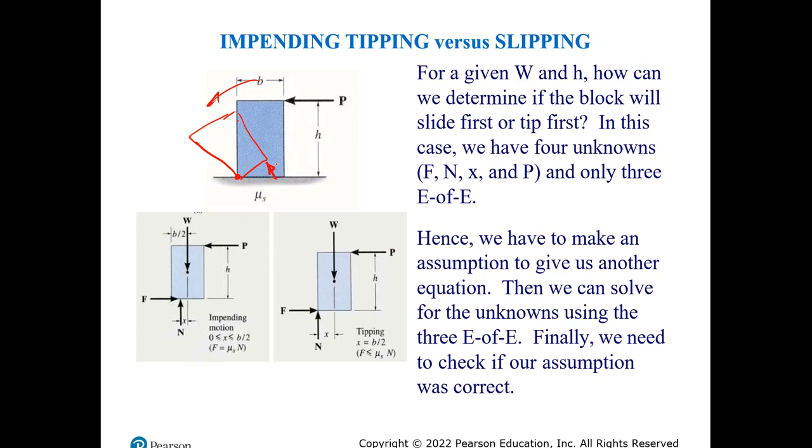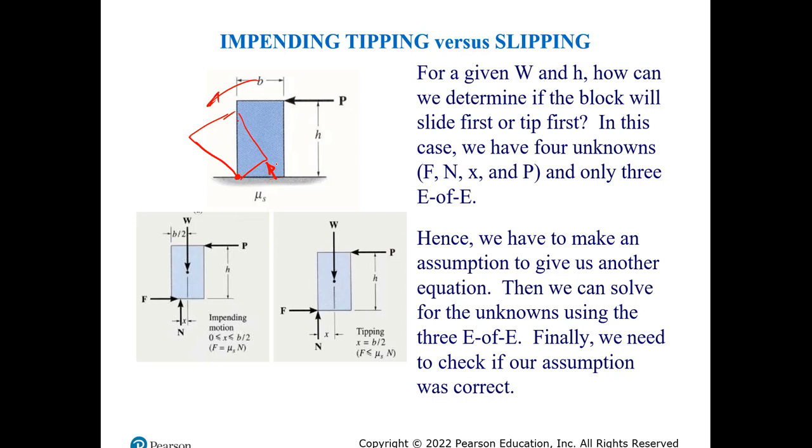So for a given W and H, obviously, width and height, how can we determine if the block will slide first or tip first? In this case, we have 4 unknowns, and only 3 equations of equilibrium.